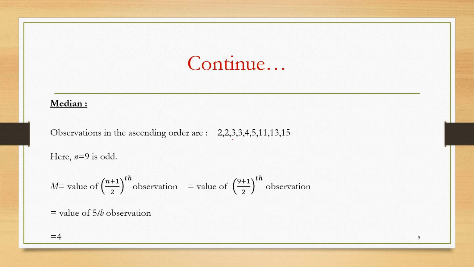Now the number of observations we have is 9 and 9 is an odd number. What we have said is that median is a middle value. So when we have 9 observations, if I write it as this, 1, 2, 3, 4, 5, 6, 7, 8 and 9. These are the 9 places.